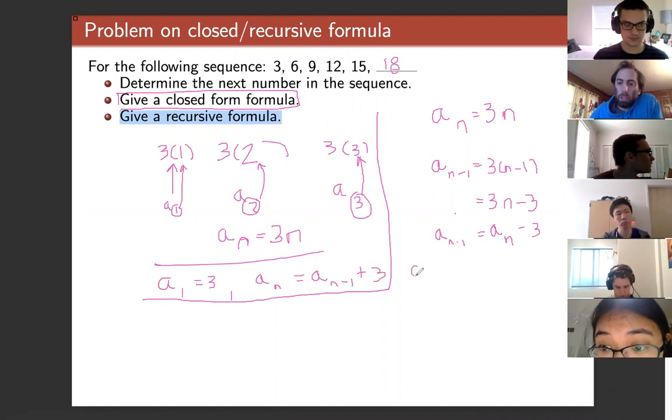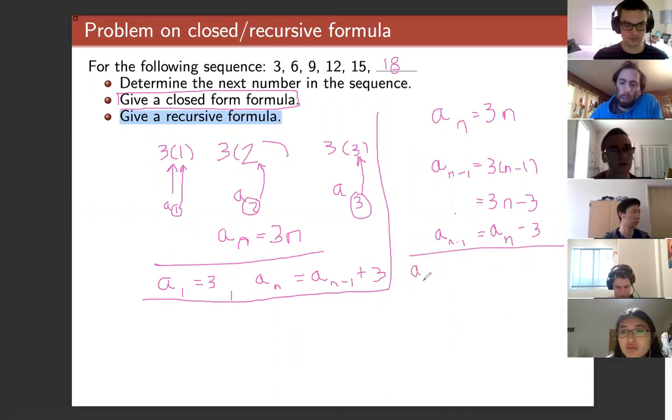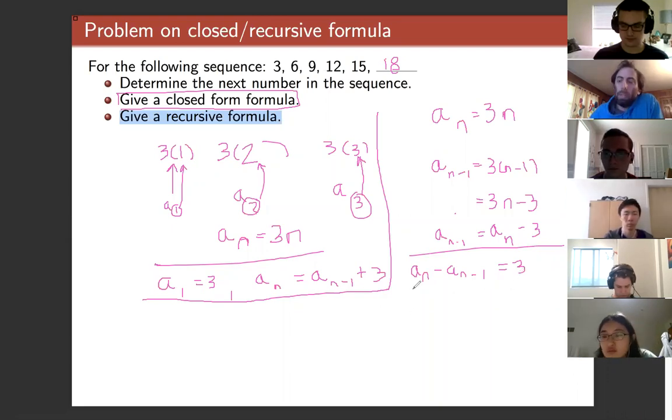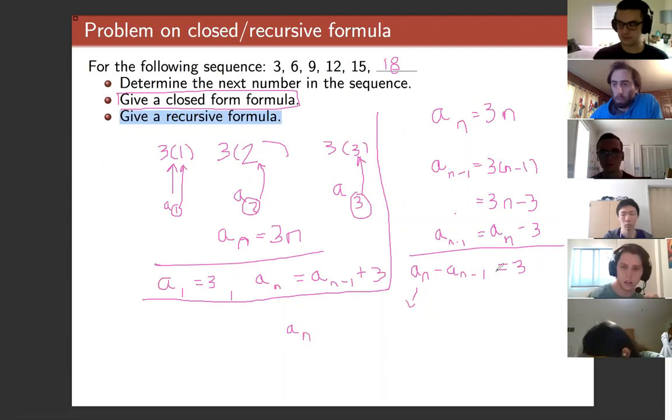You're saying you determined that an minus an minus 1 is equal to 3, and in general we want to know what the next term is in the sequence from the previous term. So what we would like you to do, on the homework and in the quizzes, is to write an in terms of an minus 1. So you've determined that an minus an minus 1 is 3.